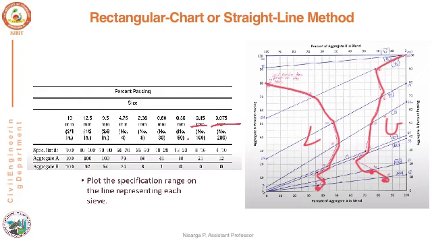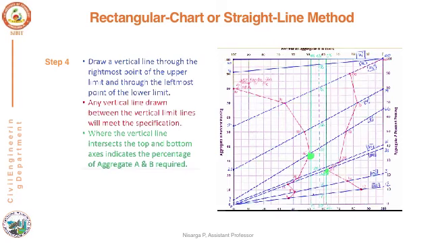If we check our graph here, the innermost point on the lower limit side is this, and the innermost point on the upper limit side is this point.